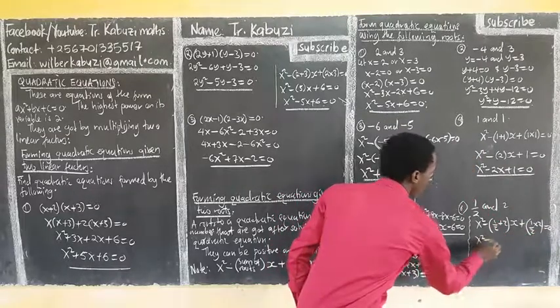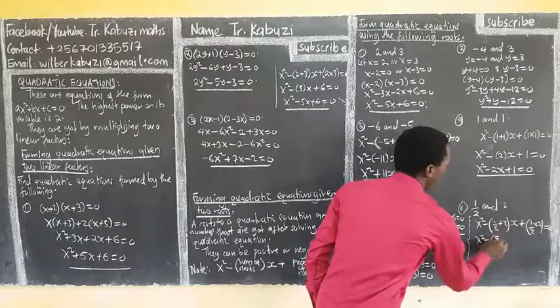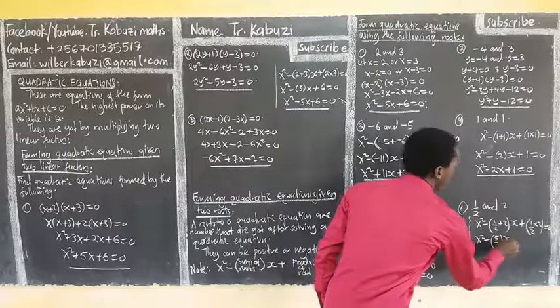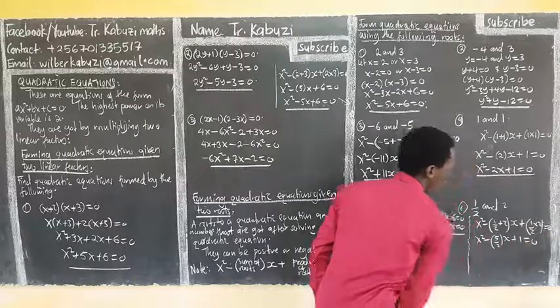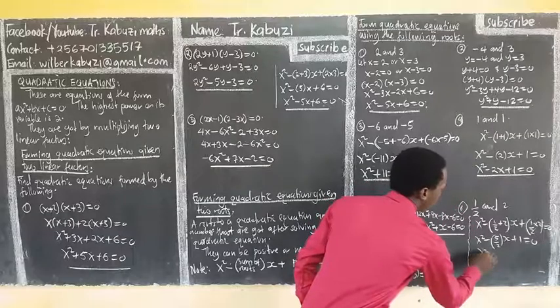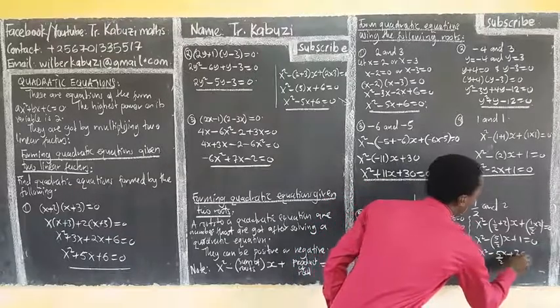This will be x squared minus, when you sum these two, you get 5 over 2 into x. When you multiply these, you get 1 equaling 0. So you have now x squared minus 5x over 2 plus 1 equaling 0.